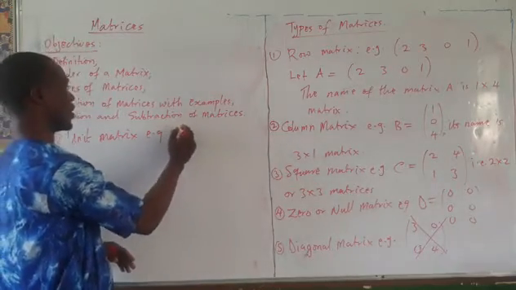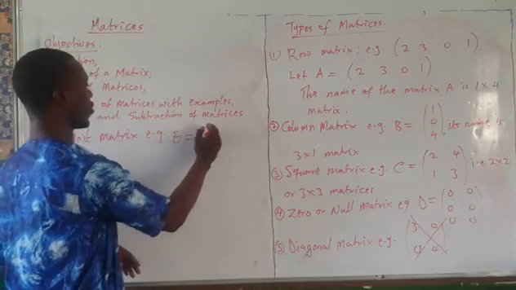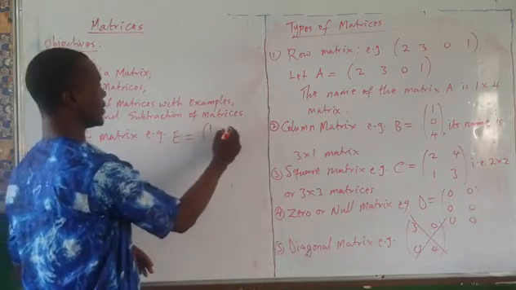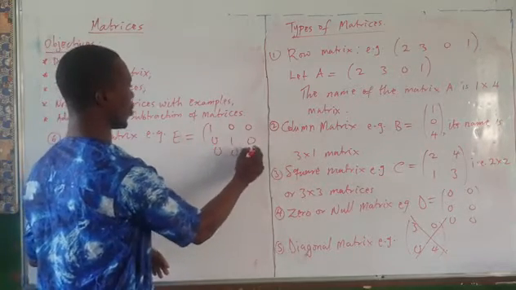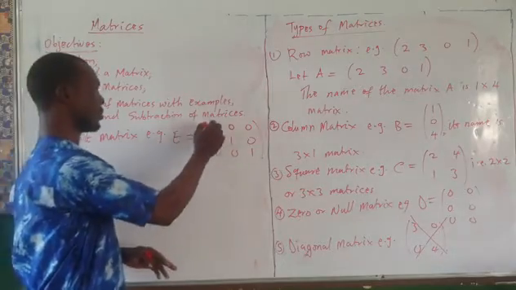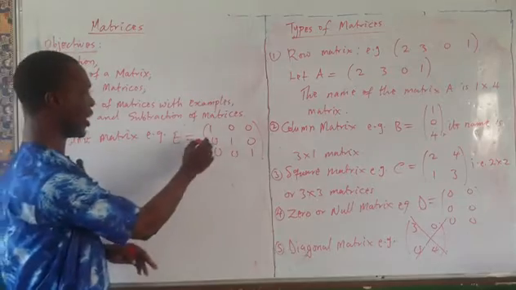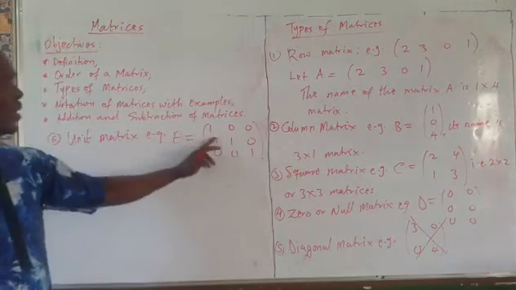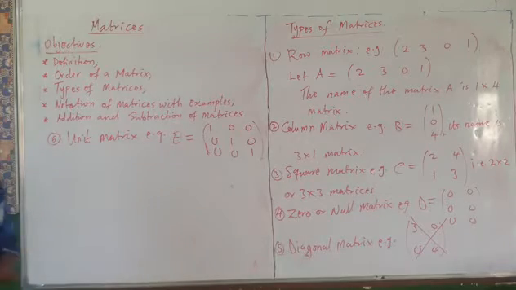So matrix E is equal to 1, 0, 0, 0, 1, 0, 0, 0, 1. We call this a unit matrix. The entries under the main diagonal, or principal diagonal, are all 1. That is for the types of matrices.